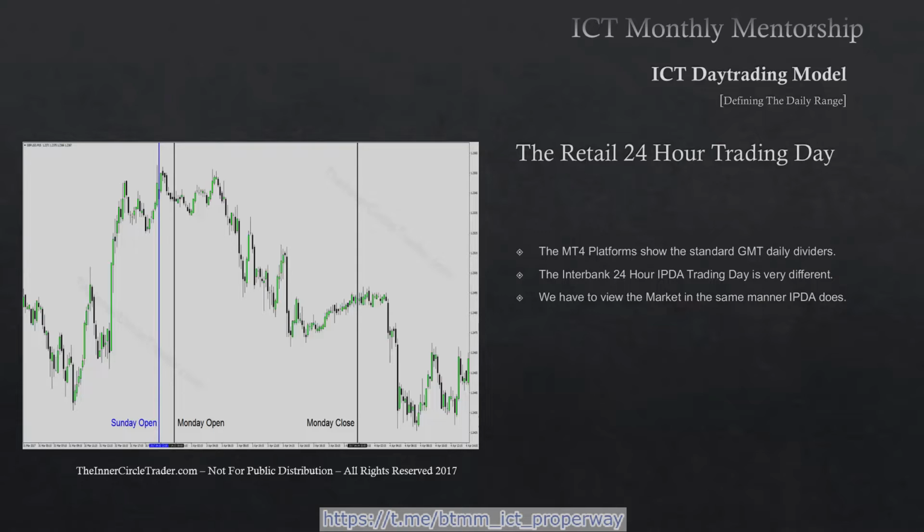When we see these retail delineations on your charts, that's pretty much a classic telltale sign they have no idea what they're doing, and they'll frame the day based on these vertical lines. What we're going to show now is how an interbank trader views price in relative terms to time.